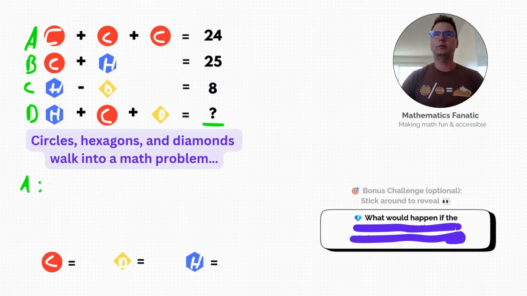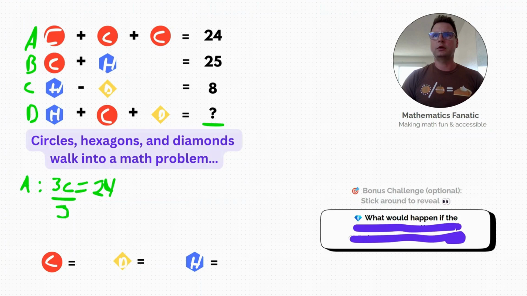Well, if we have C plus C plus C, that's 3C, right? Is equal to 24. So what would C be? 3 times C. To undo that, divide by 3.